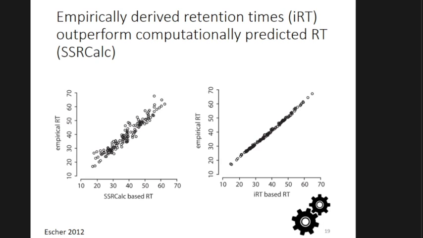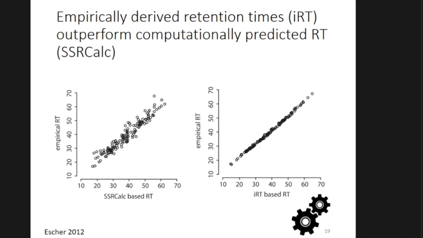When the method for IRT-based calculation of retention time was published, they compared it with SSRCalc and showed that when you use an empirically based IRT calculator, you get much better predicted retention times than if you just use the sequence.